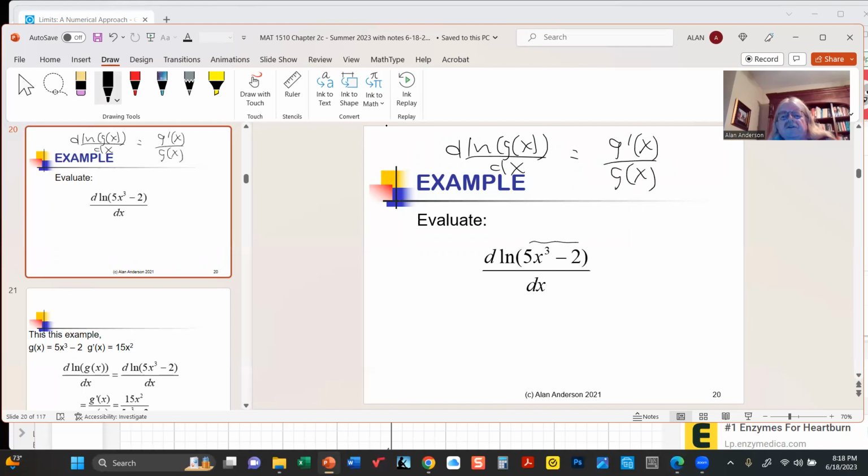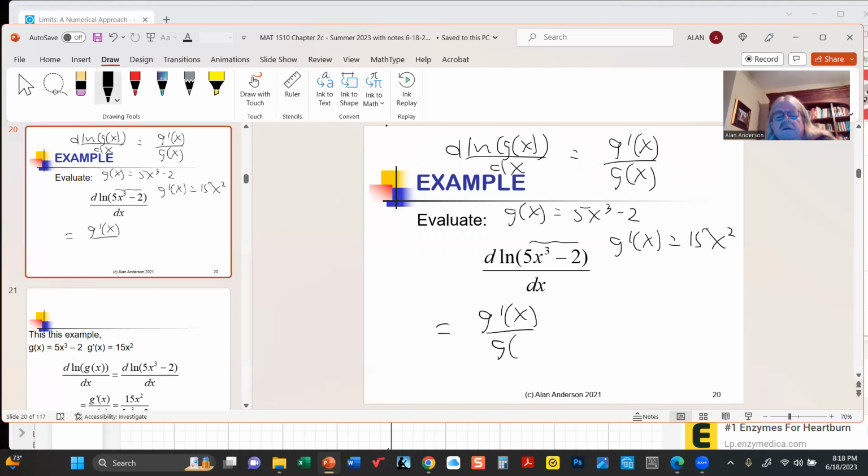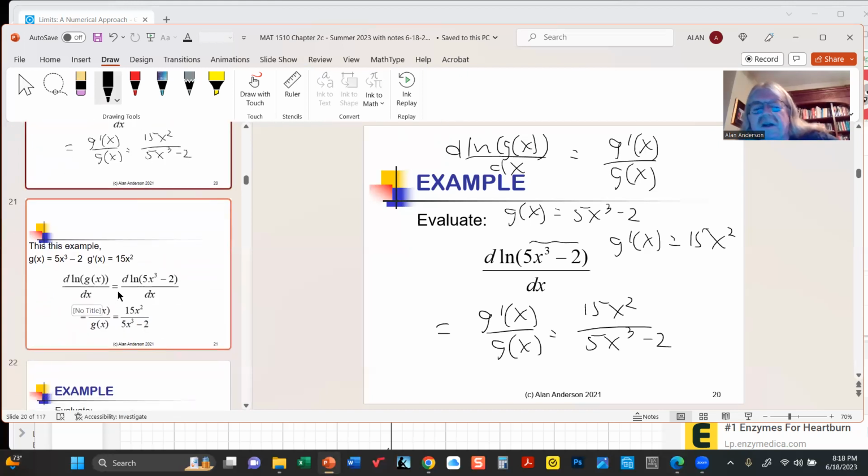So in this case, this is our g. And g prime is therefore just 15x squared from the power rule. And so the final result will be 15x squared over 5x cubed minus 2. And that one, unfortunately, can't be reduced, but that's the final answer.